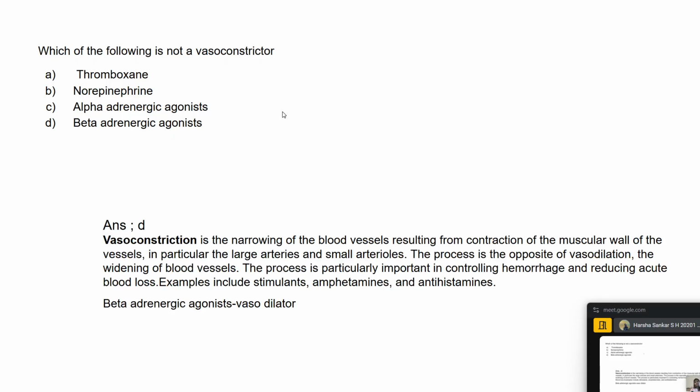So beta adrenergic agonist is not a vasoconstrictor.